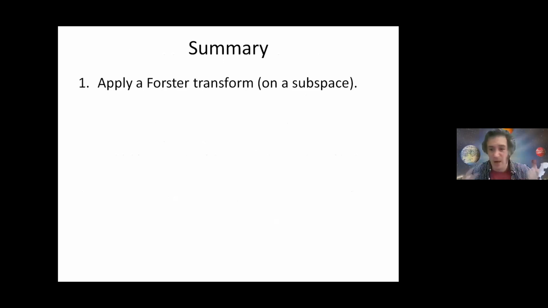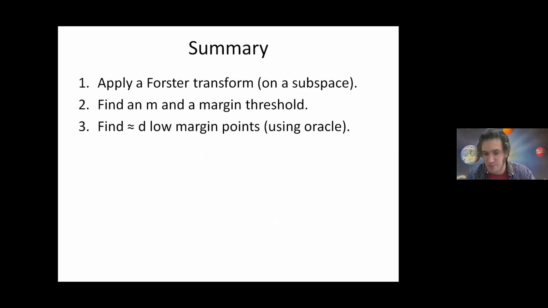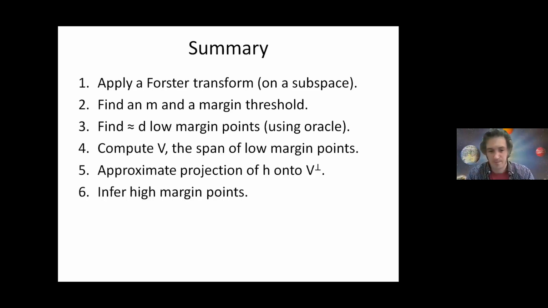So in summary, what do we do? We apply the Forster transform, or possibly apply the Forster transform to a dense subspace. We then do these tests for various M's, powers of 2, to find this threshold where we think there's a big gap between high and low margins. We then, using this oracle and taking another bunch of random samples, find approximately D many low margin points.